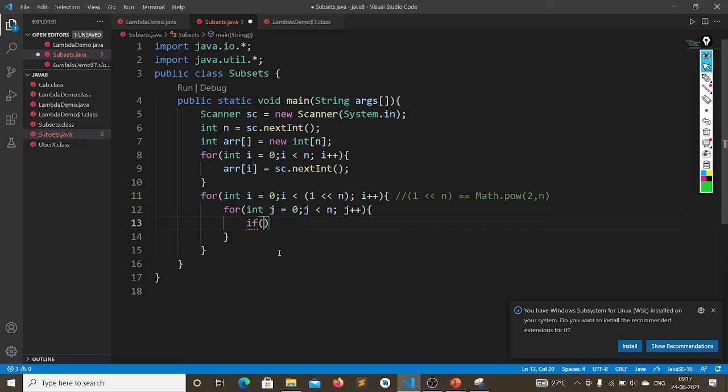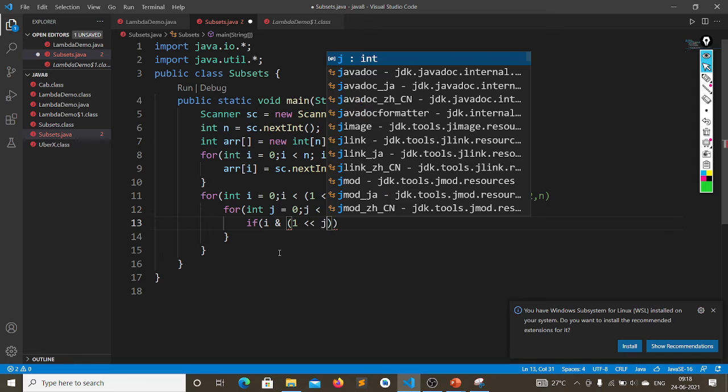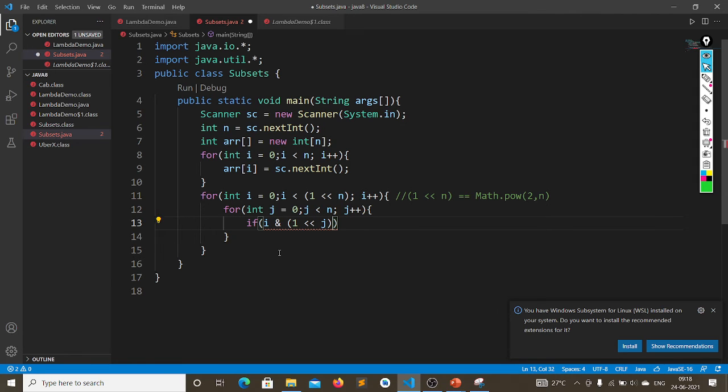I want to do the AND operator with i and 2 power j, meaning 2 power 0, 2 power 1, 2 power 2, up to 3. This 2 power j can be written as 1 left shift j again, and this value should be greater than 0.